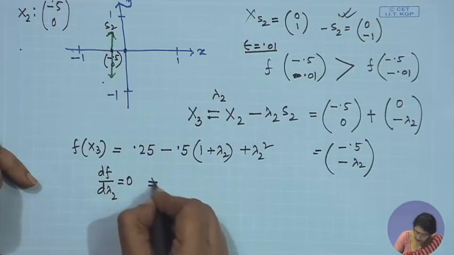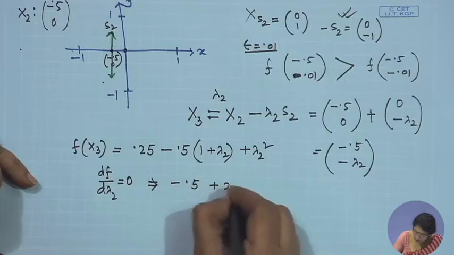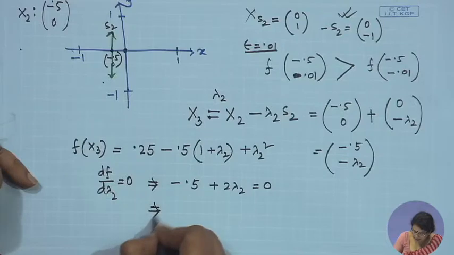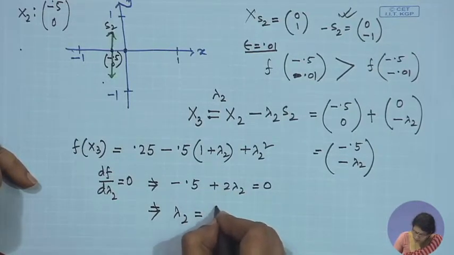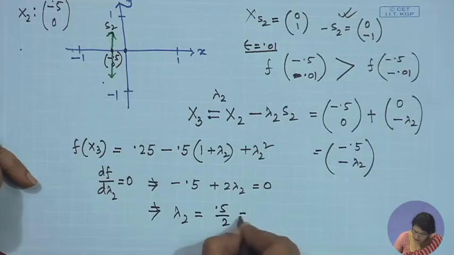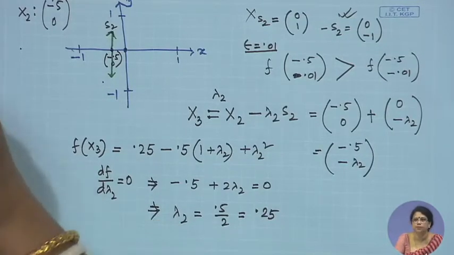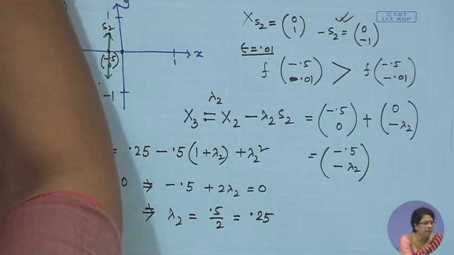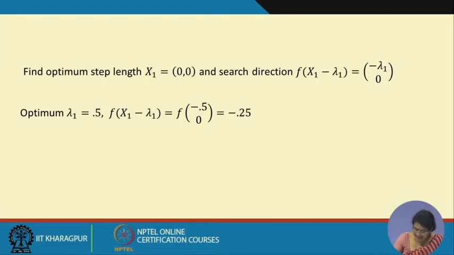What we are getting is minus 0.5 plus 2 lambda 2 equal to 0, which implies lambda 2 is equal to 0.5 by 2, that is equal to 0.25. Clear? Now, if we move in this way, then what should be my x3 in the next?